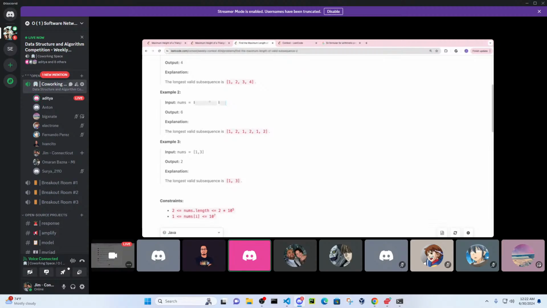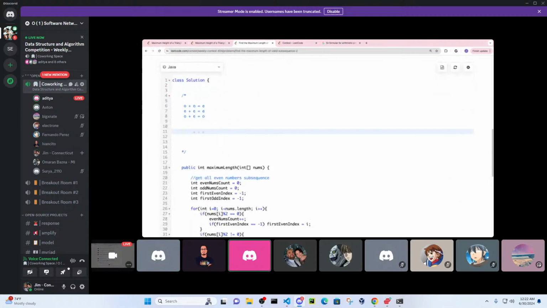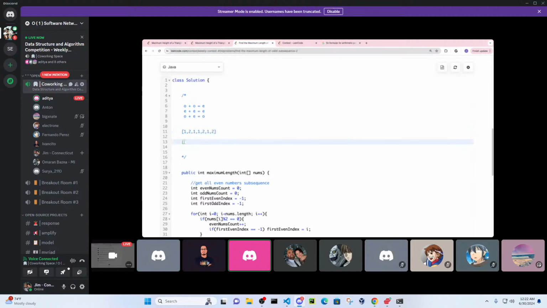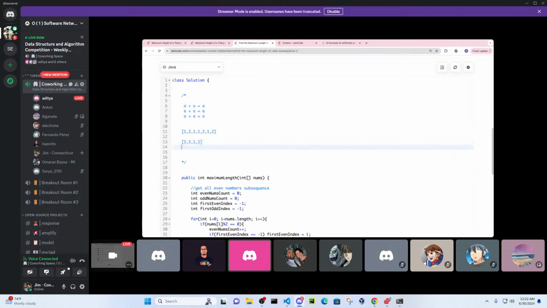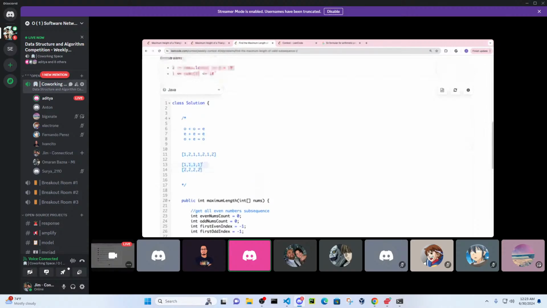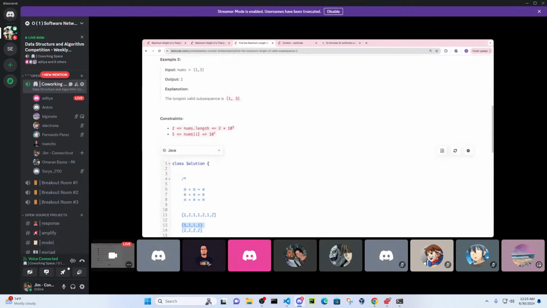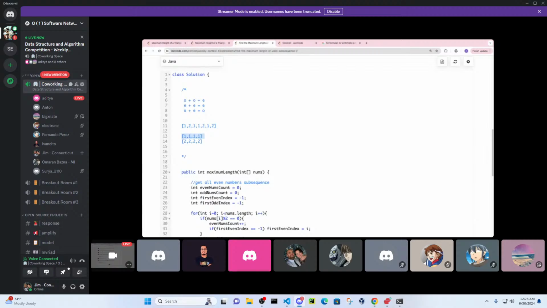So the sequence formed is 1 comma 1 comma 1 comma 1, all odd numbers, or 2 comma 2 comma 2 comma 2, all even numbers. Now if you check this valid sequence logic on these 2 arrays separately, they will be successful. There's only 3 2s.